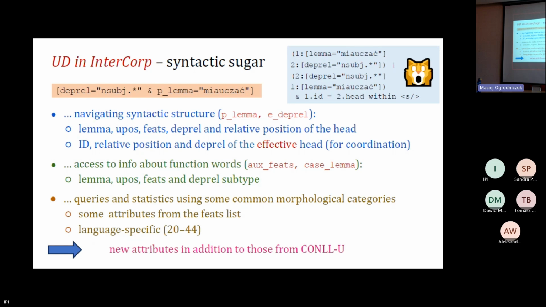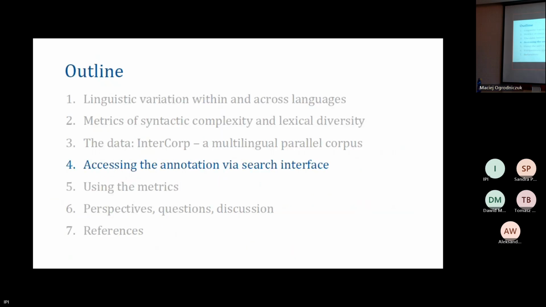They are left there, but they are copied onto the main level of attributes of the search interface, and you can use them in the same way as part of speech. So we have some new attributes in addition to those from the UD type result.